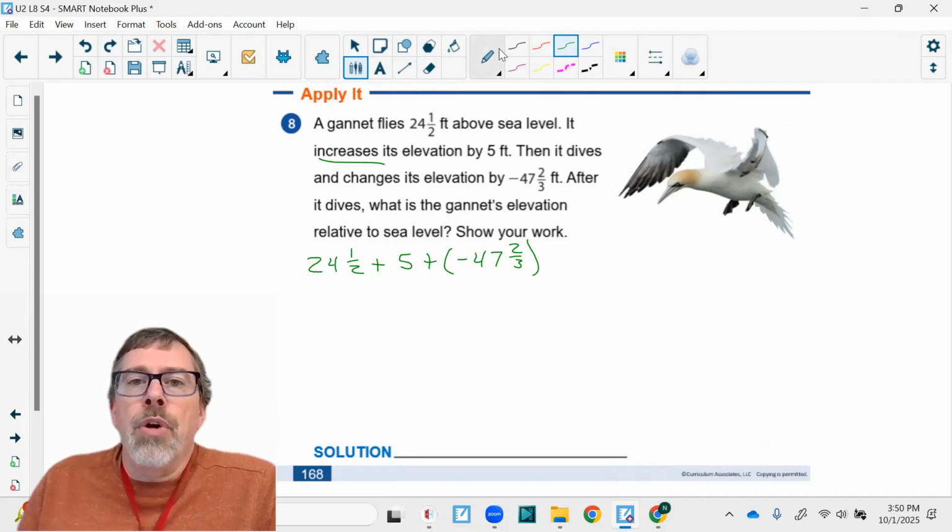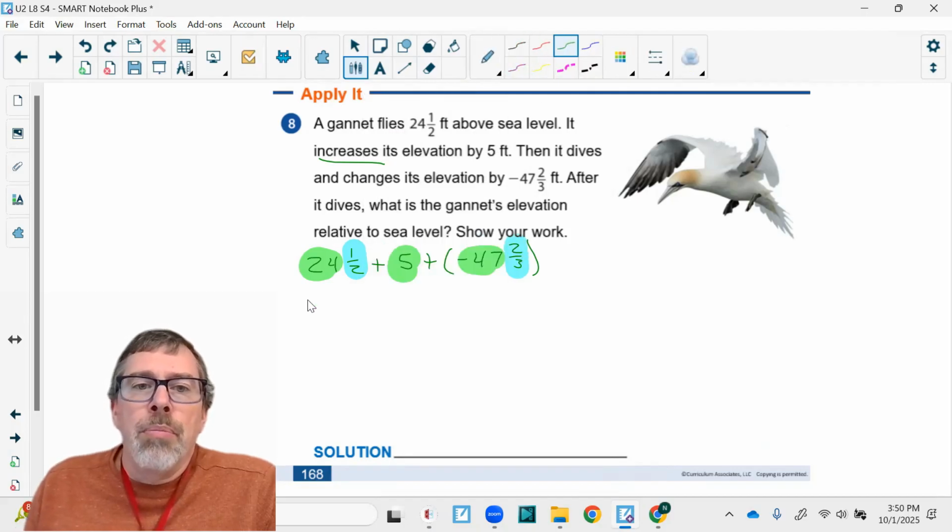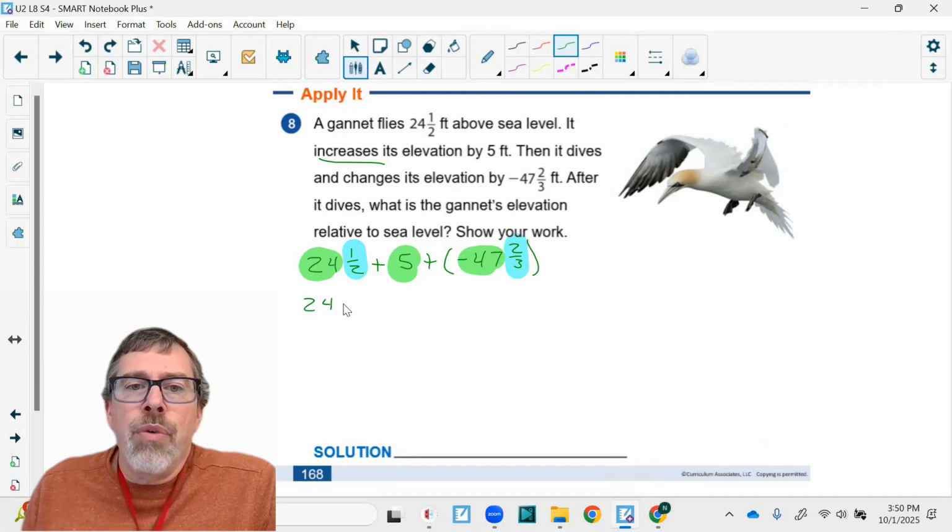Okay, so I'm going to do the same thing that we've been doing over and over. 24 is an integer, 5 is an integer, -47 is an integer. 1/2 and 2/3 are rational. Put the integers together, 24 plus 5 plus a -47 plus, now I do my rationals, 1/2 plus, careful, -2/3.